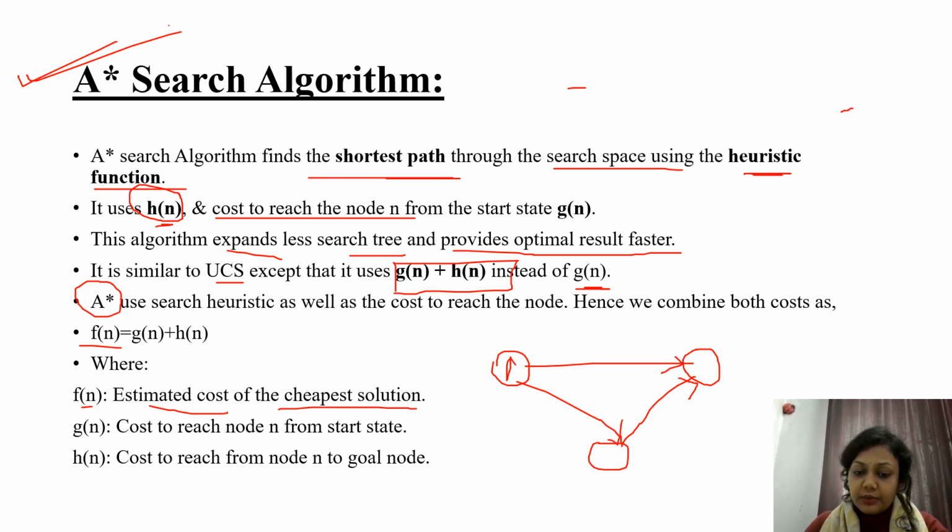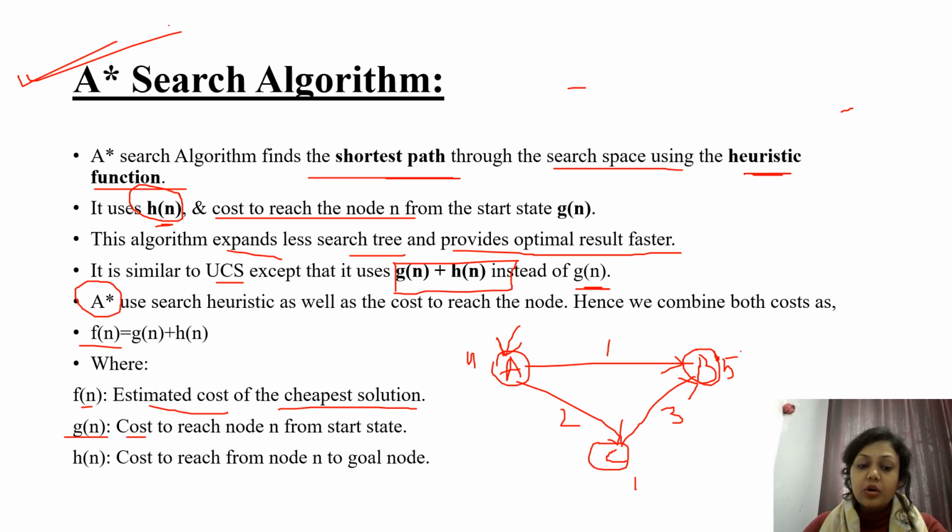This is A, this is B and this is C. Now the F(n) value for A node will be, we are given 1, here we are given 2, here we are given 3, and the heuristic values for these are 4, 5 and 1. Now let's see. The F(n) will be the estimated cost of the cheapest solution.